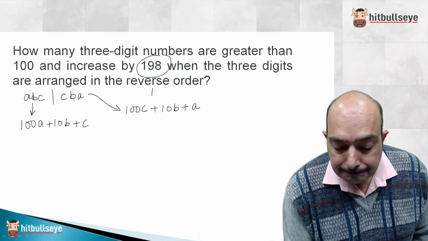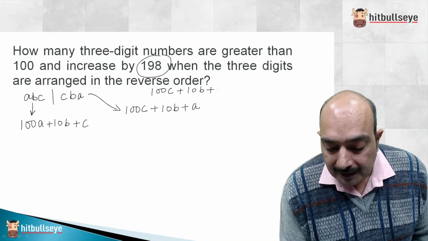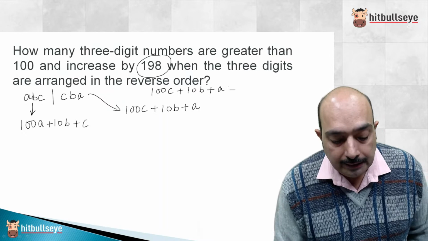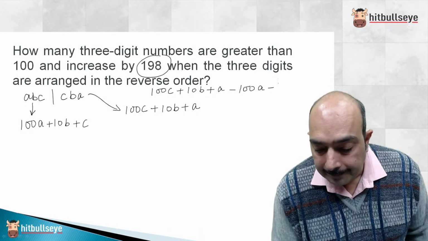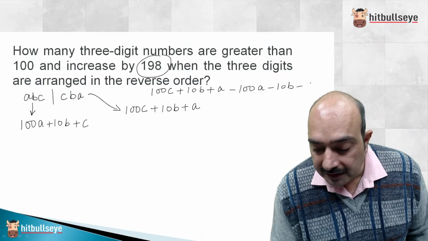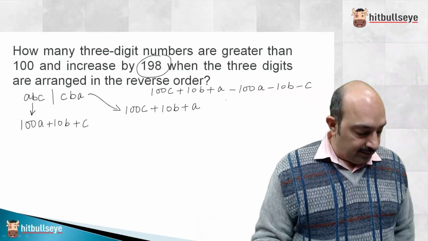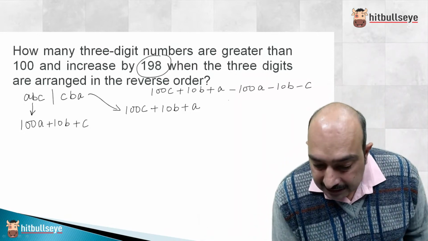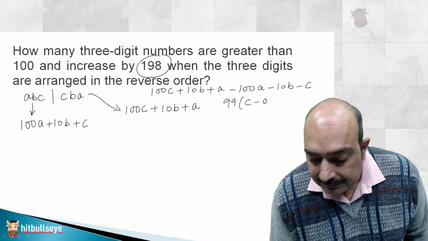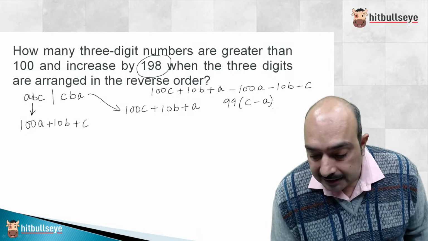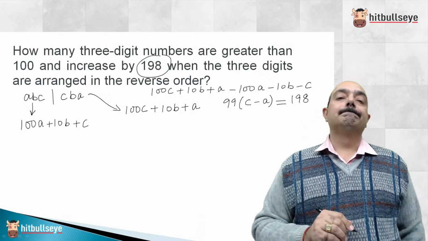So can I say 100C plus 10B plus A is more than the previous number, which was 100A plus 10B plus C. That tells you 10B cancels, which means this would become 99 into (C minus A), and this value is given to you as 198.